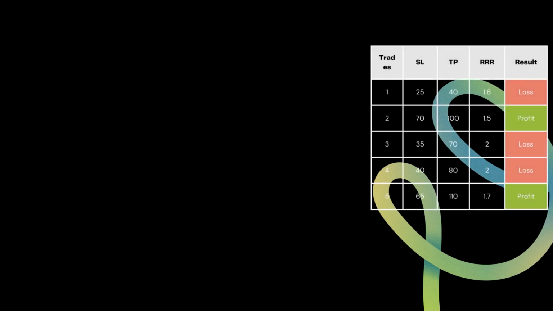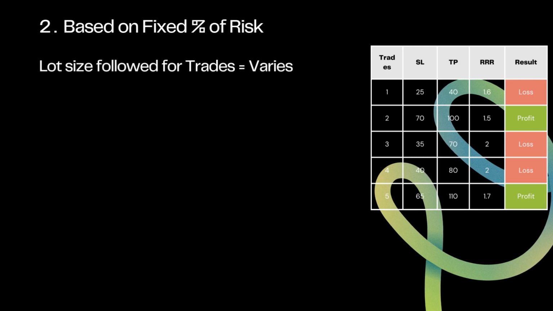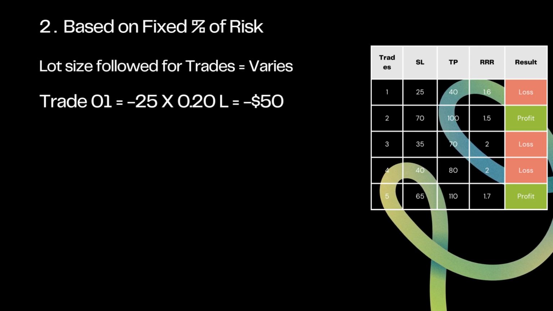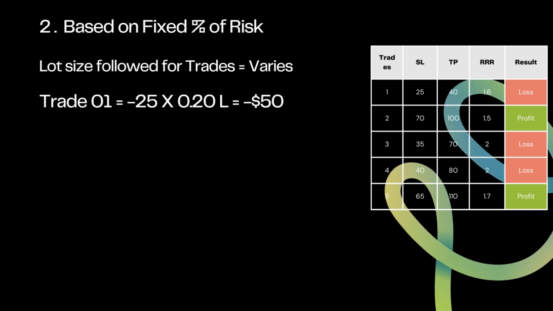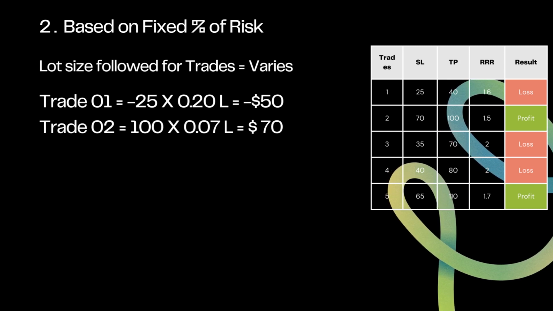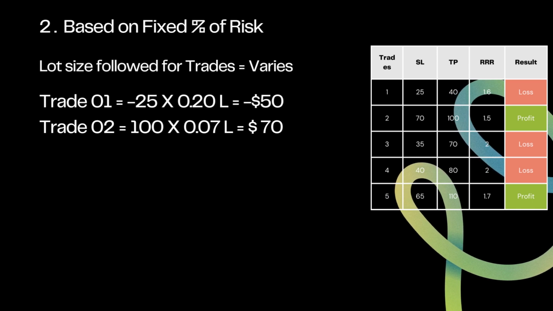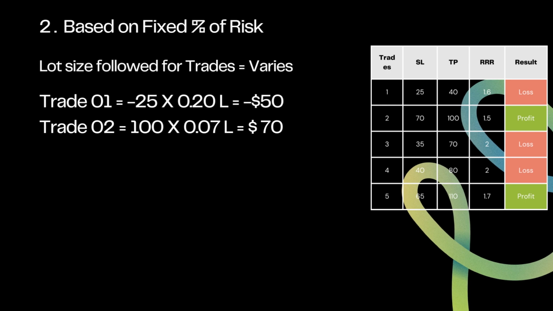So let us analyze these trades based on the second concept. Trade 1 is minus 25 pips, and with a lot size of 0.20 we lost $50. On trade 2 we got $100 profit, but the lot size is smaller and we received only $70.